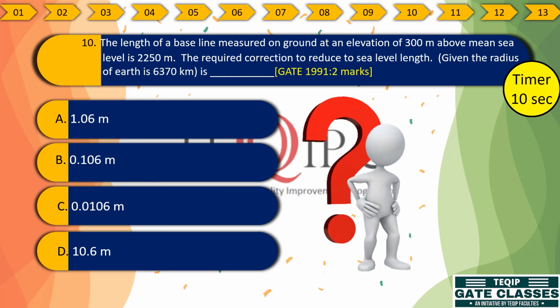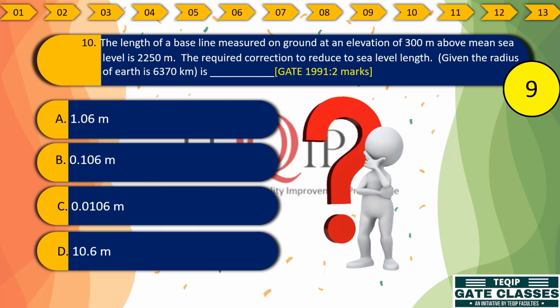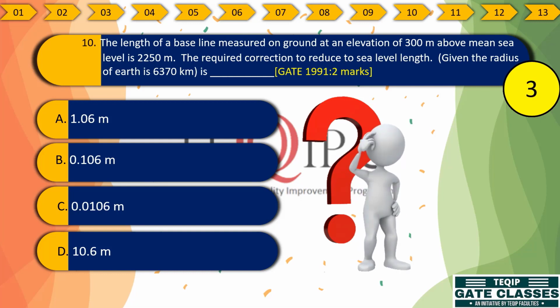So the options are given below. This question comes in 1991, which carried 2 marks. This is a subjective type question. I made the options for answering. So your time starts now to solve this question. And those students who are watching on YouTube, please answer on your screen now.